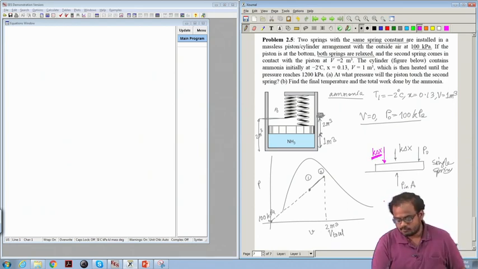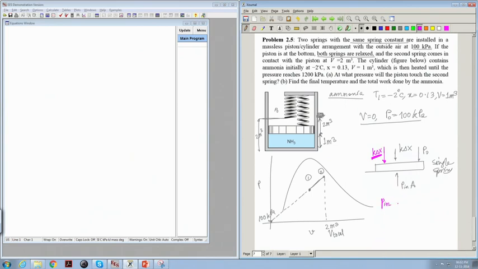P internal before was P naught plus K delta x by A. But after the two springs come into contact, if there is a small change in volume, then both the springs will oppose that motion. So, you have extra force. So, P naught plus twice K delta x by A.